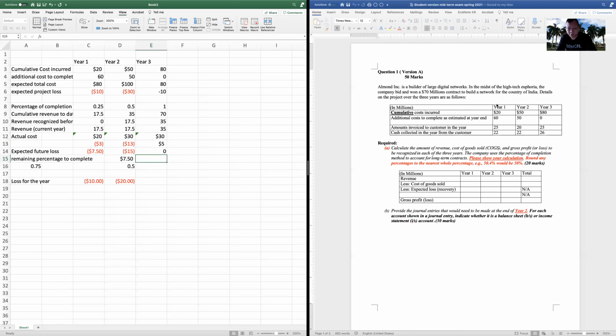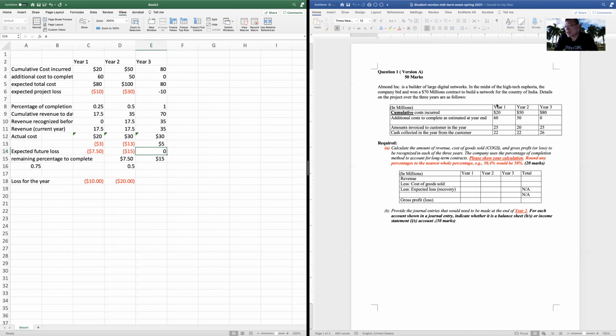And you have to reverse the one from the previous years, right? Because that number is not accurate anymore, right? Remember that expected future loss is estimated at the end of each year based on the information available, right? So when you move to the next year, you have to reverse the previous number and make a new assessment, right? We know there's no future. This is the final year.